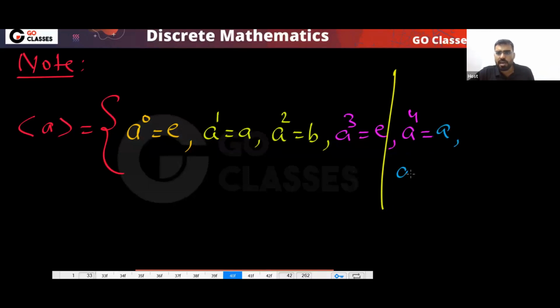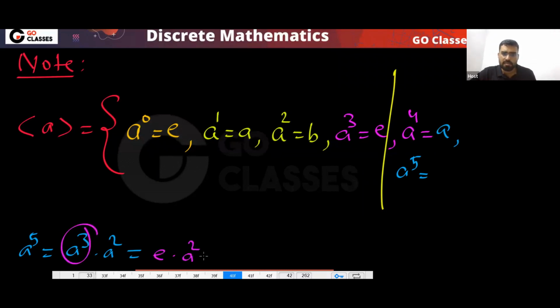Now tell me what will be A power 5. A power 5 means A power 3 times A power 2. A power 3 is E, so that will be A square. A square is B, so A power 5 is B. What is A power 6?